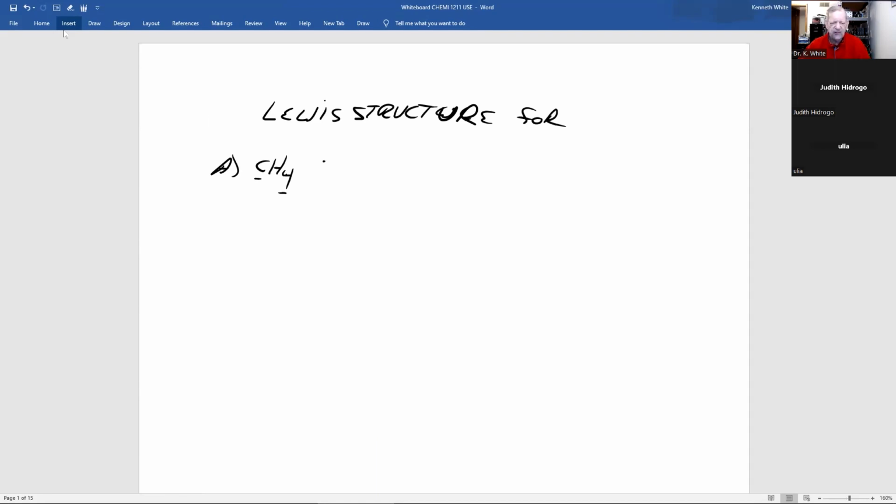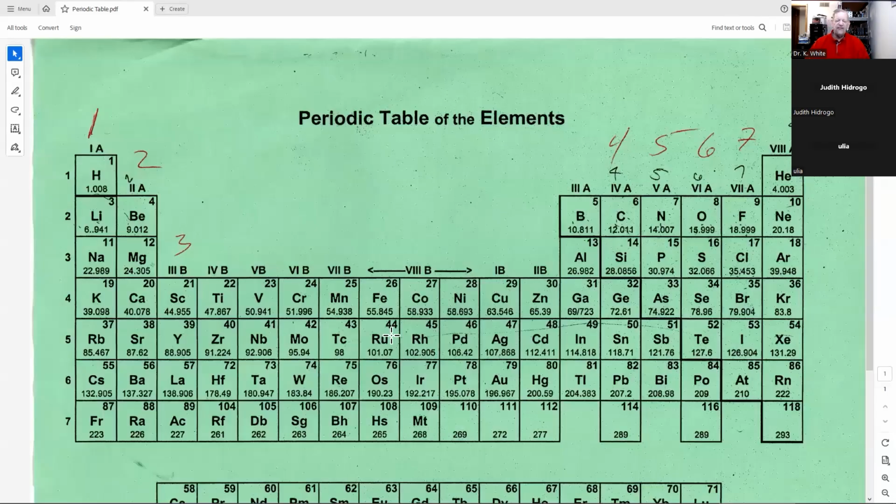As soon as you see the word Lewis, you should think of valence electrons. And I did, and hopefully you did. We have to find how many valence electrons hydrogen and carbon have. You look for the chemical symbol H, hydrogen, and look at the top of the column in red. 1 tells you 1 valence electron.